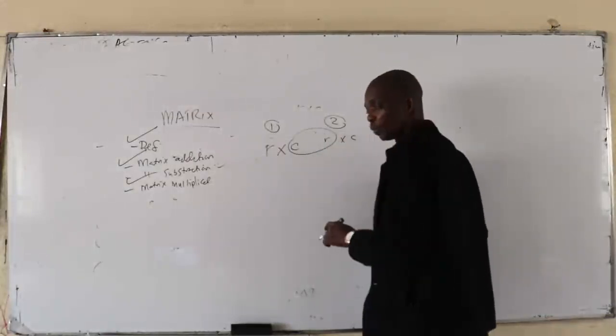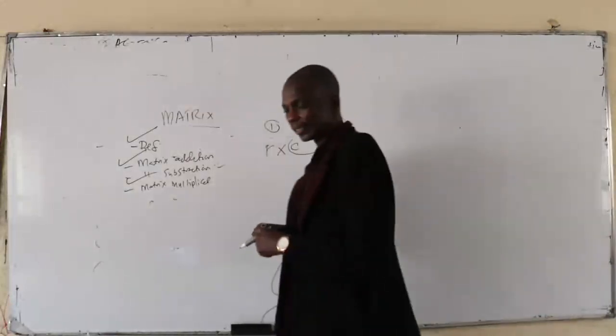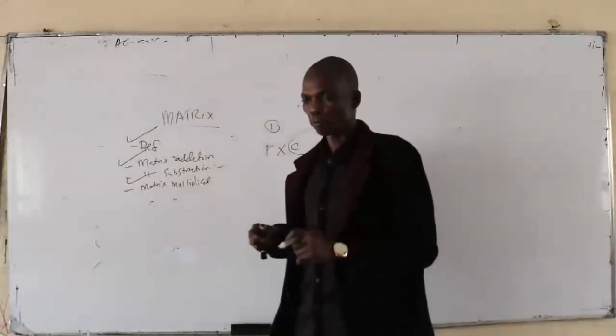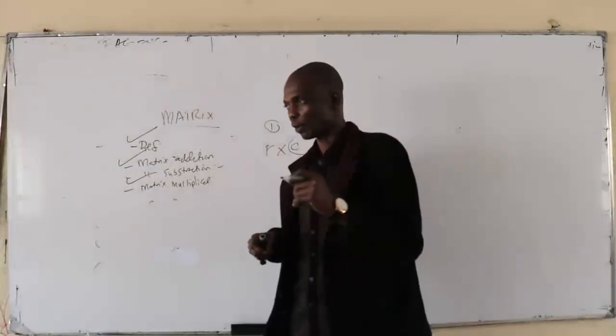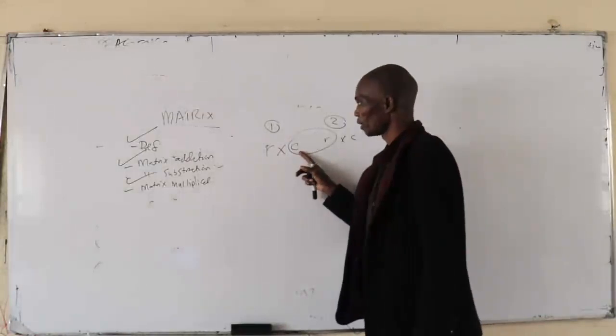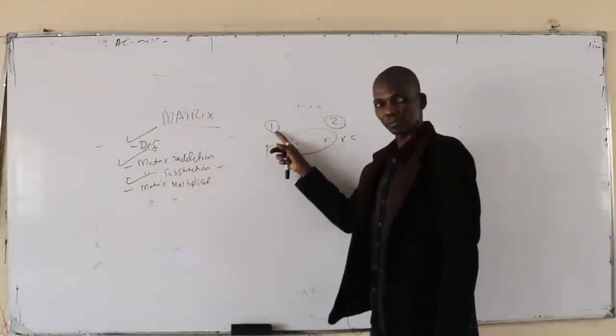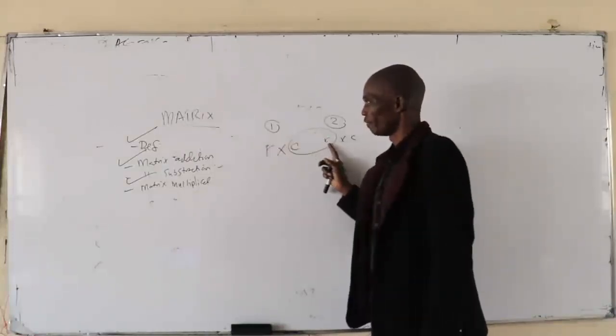So for compatibility, for purposes of multiplying one matrix with another, the number of columns in the first matrix must be the same as the number of rows in the second matrix.